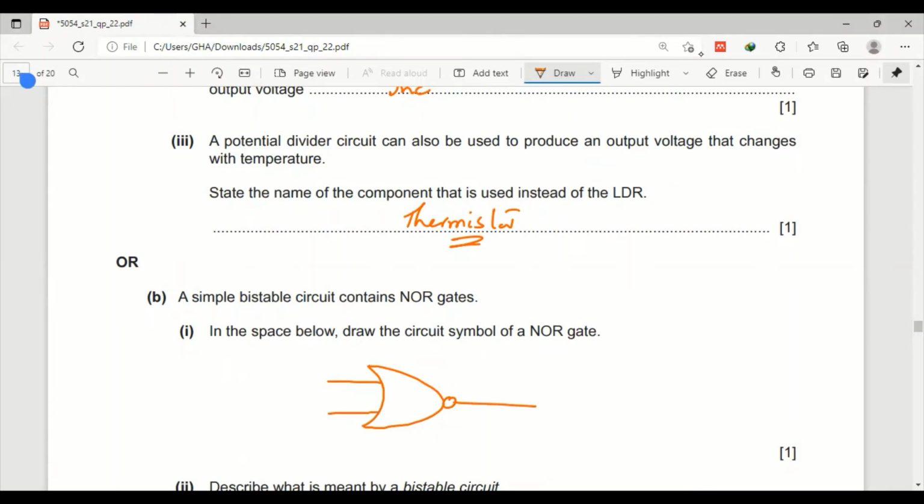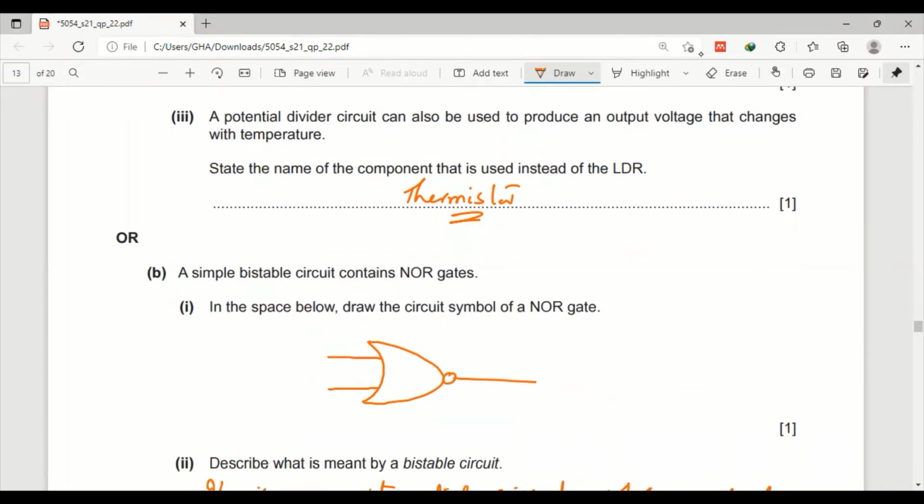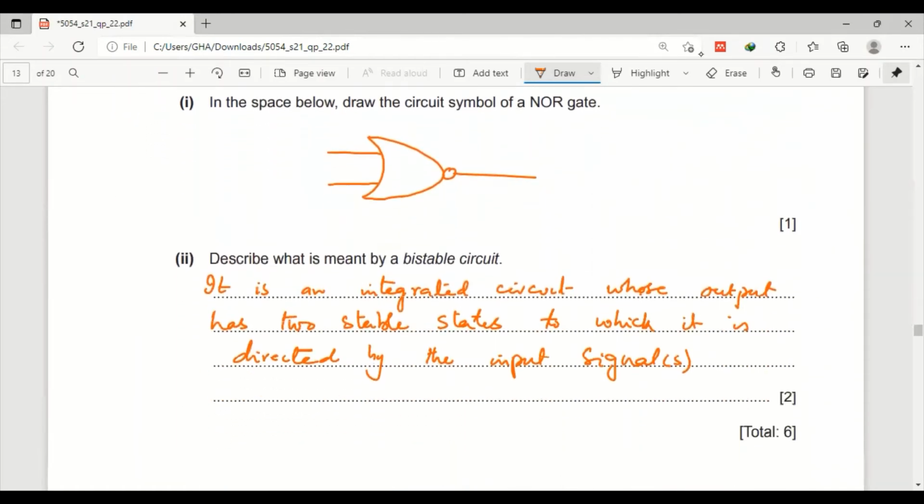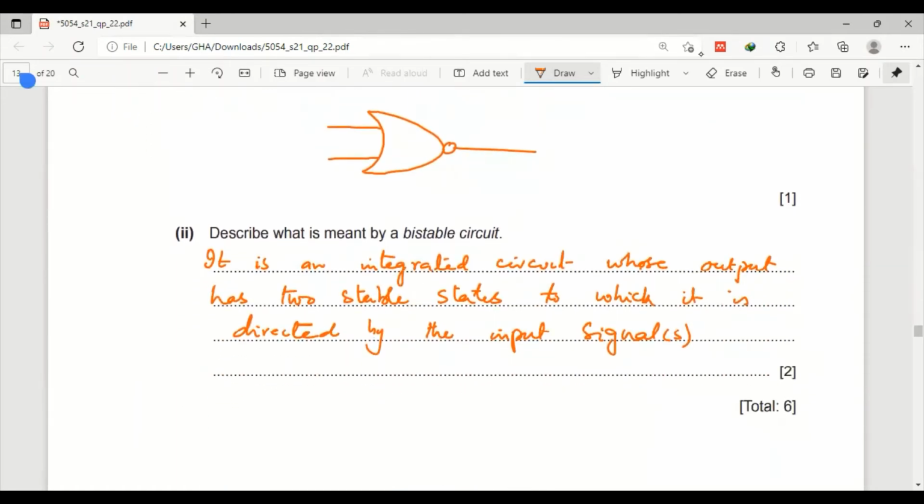This is the symbol. And then describe what is meant by the bistable circuit. So it is an integrated circuit whose output has two stable states to which it is directed by the input signal. So this is actually the definition of the bistable circuit.